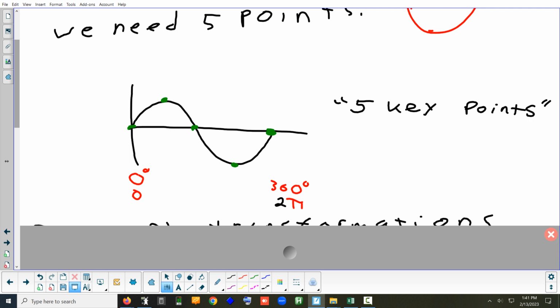So if we know this point is 360 degrees away from this one, you should be able to figure out how far apart each one of those points is. Imagine putting some lines on here. You've got 1, 2, 3, 4 sections equally spaced over 360 degrees. How much is each section worth? We actually already saw this in the calculator.